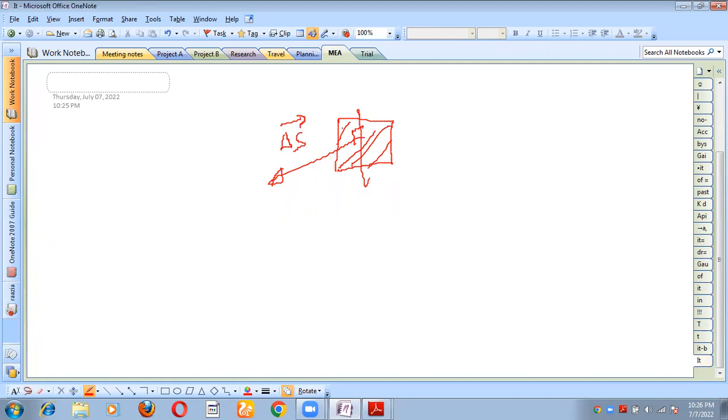So in our case, the surface is in the XY plane, so the area vector should be along Z direction. Getting my point? Yes, sir.